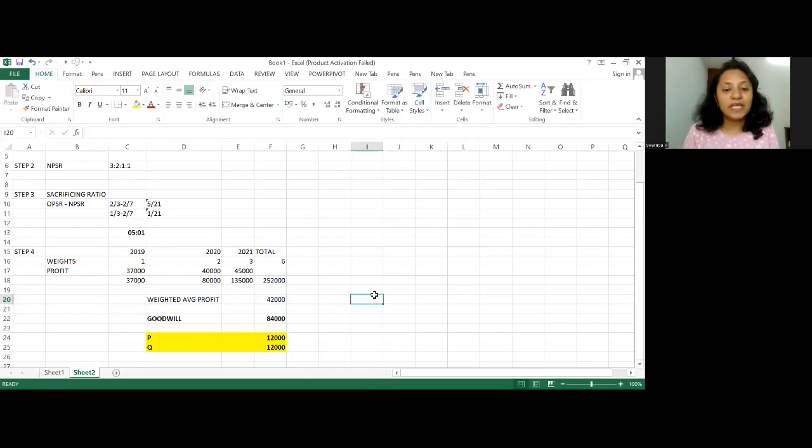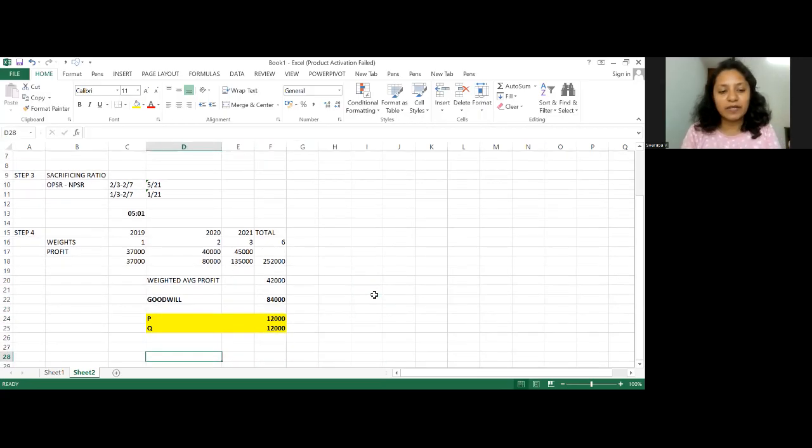P and Q are going to get 12,000 rupees each as goodwill by joining the partnership currently. So what is the sacrifice that is made by A and B? Because in order to give P and Q 12,000 each, A and B are going to sacrifice a share of their profit in future.